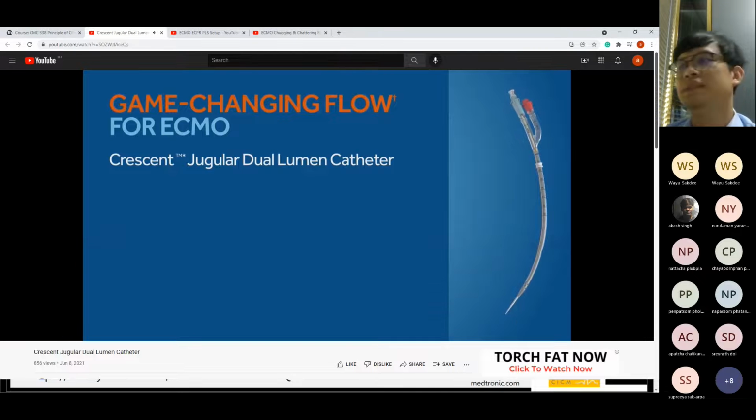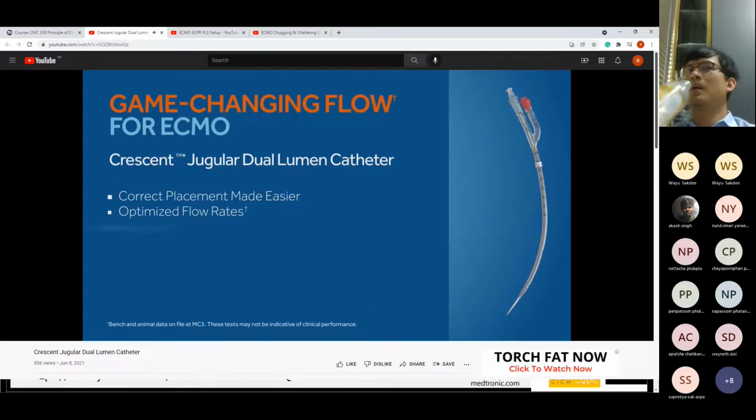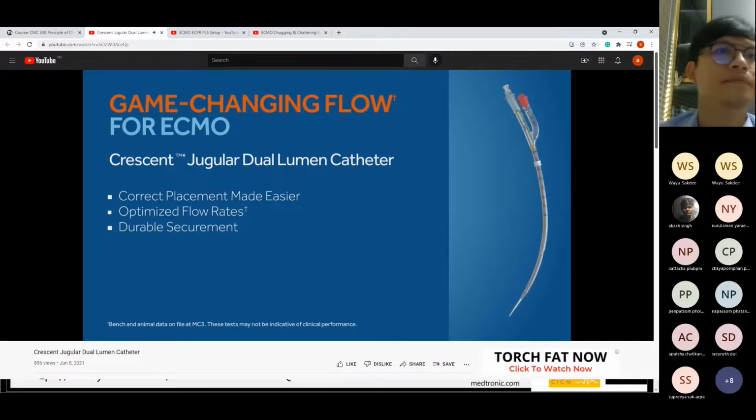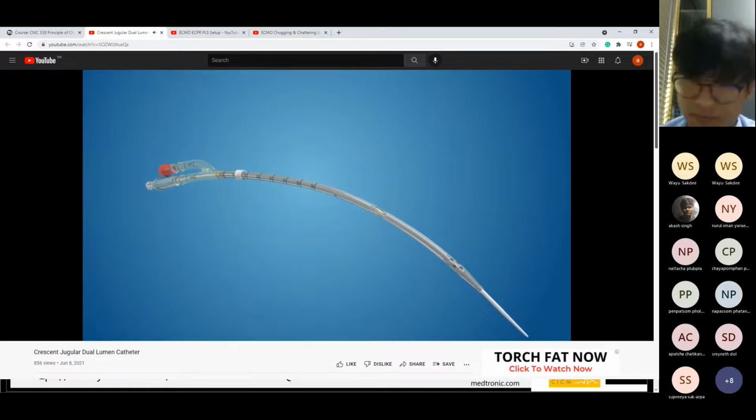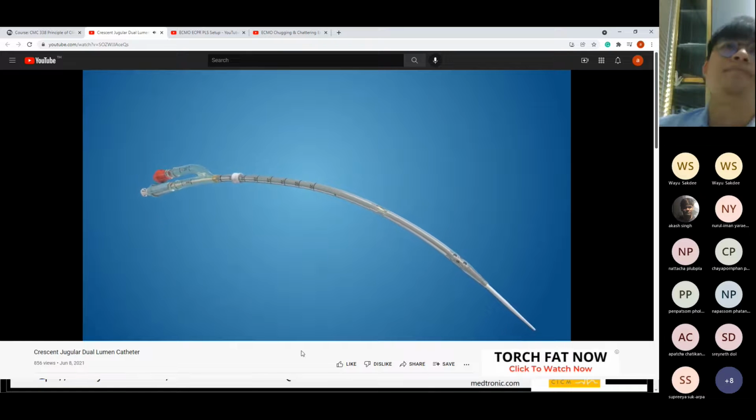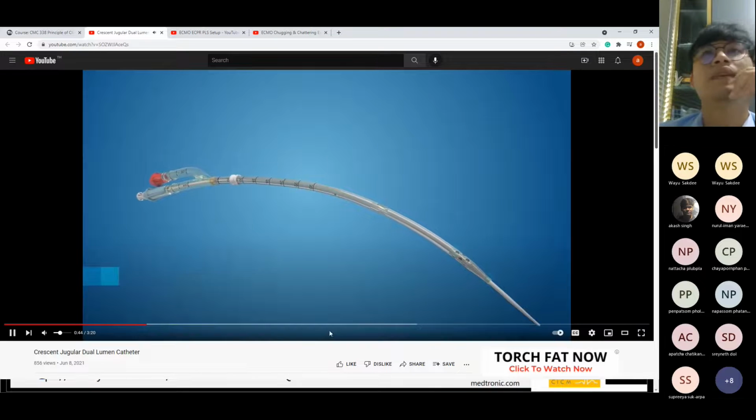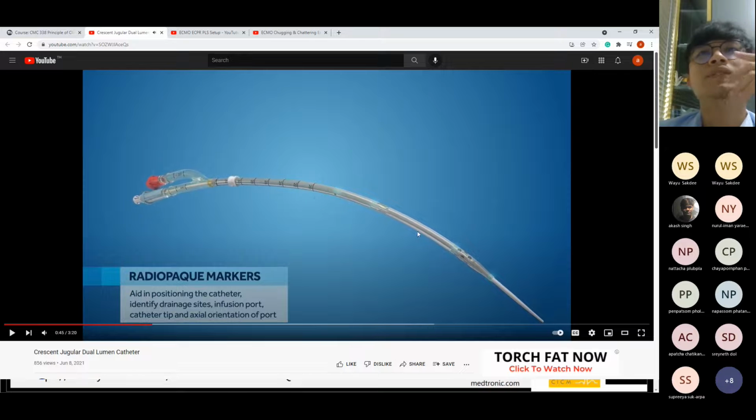You're going to see the side hole here and the end hole here.